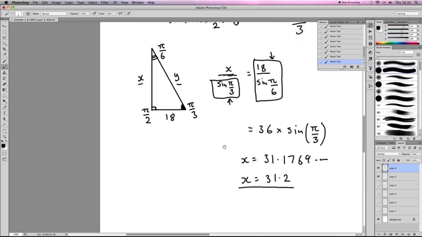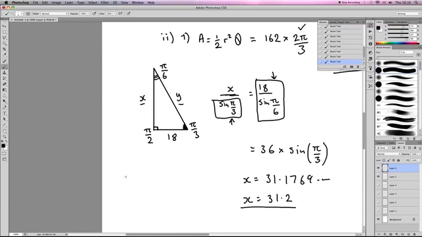Again, I just need to find y now. So y over sine pi half, or half pi, sorry, is equal to 18 over sine pi over 6. So if I do that, I actually don't need to find y, because it's just base times height divided by 2, but I'll find y for the sake of it.